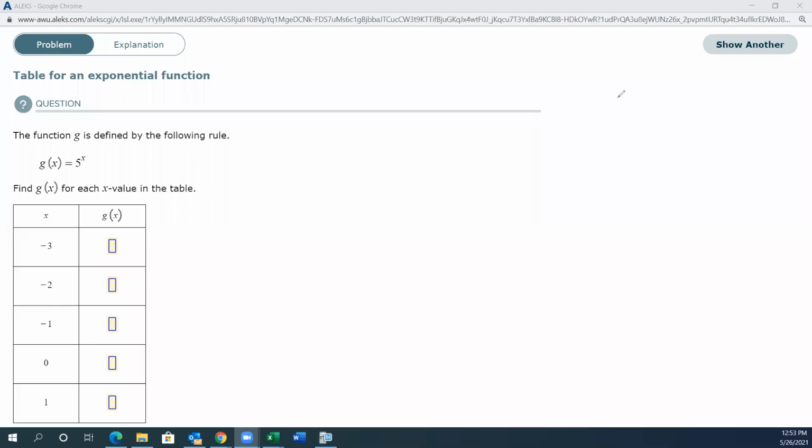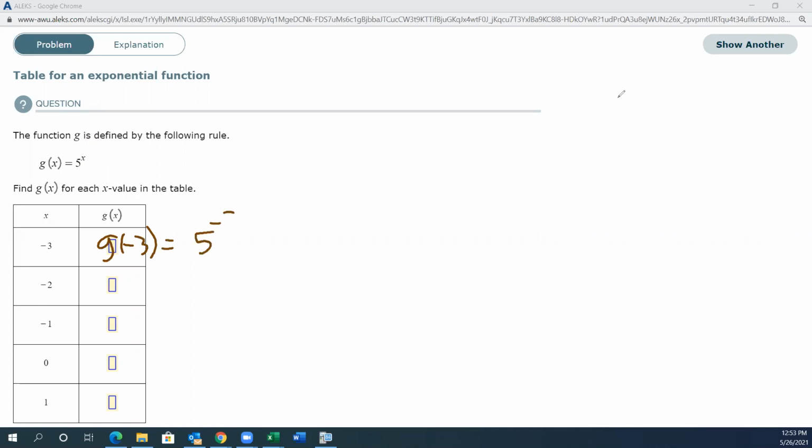Okay, so this time we are going to be just plugging numbers in for x to get out y. Now this is what's called an exponential function. I know that because the independent variable x is in the exponent, which we haven't really seen before. So it says, go find g of -3.